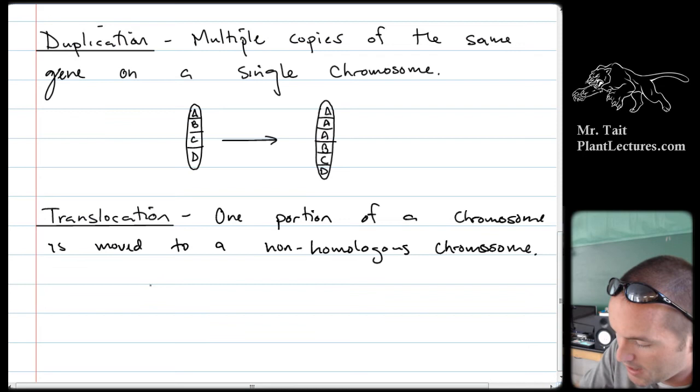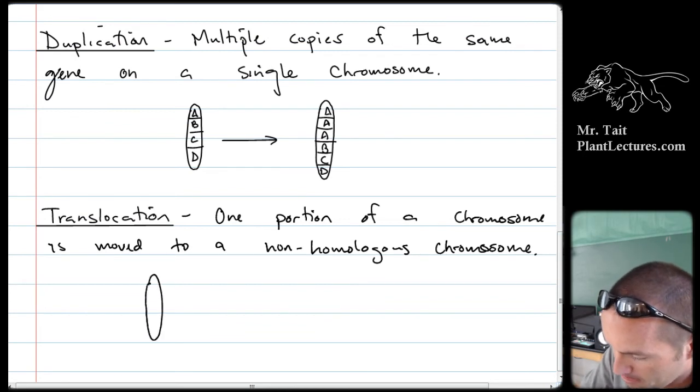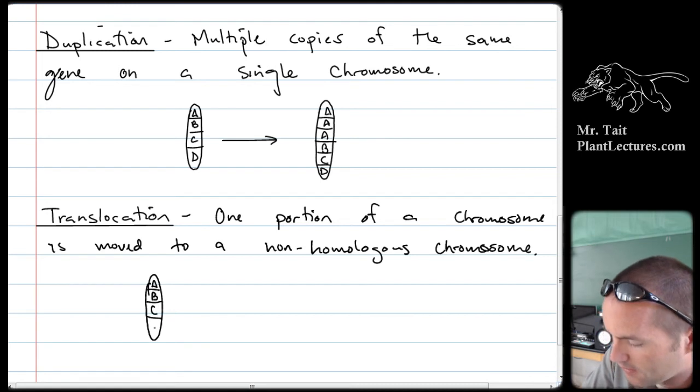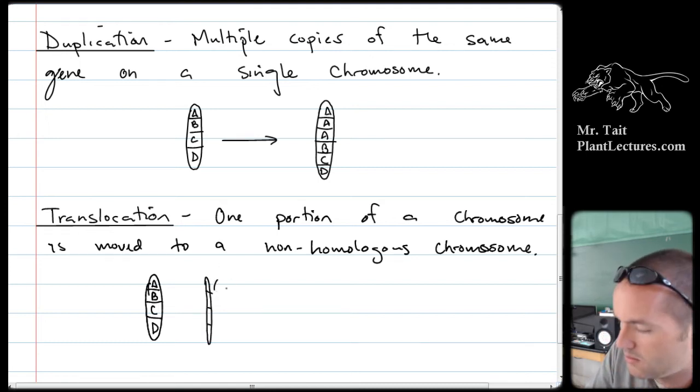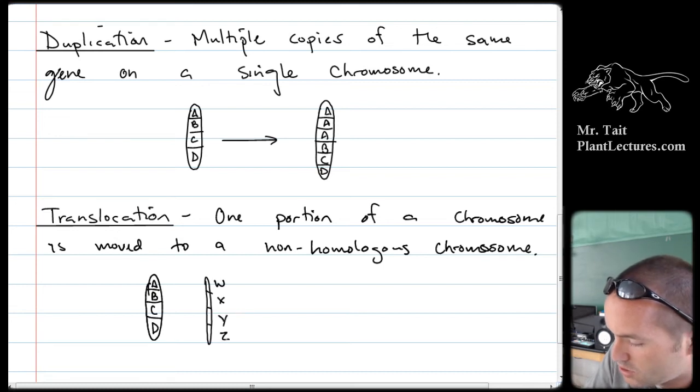Okay, so let's say we have an A, B, C, D chromosome, and then we also have another chromosome that has W, X, Y, Z genes.